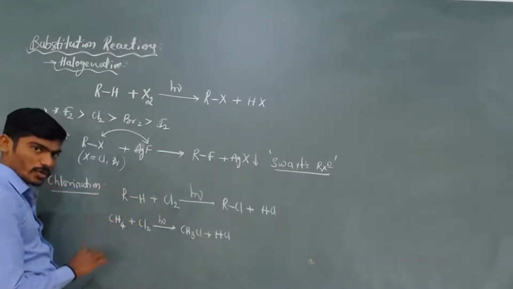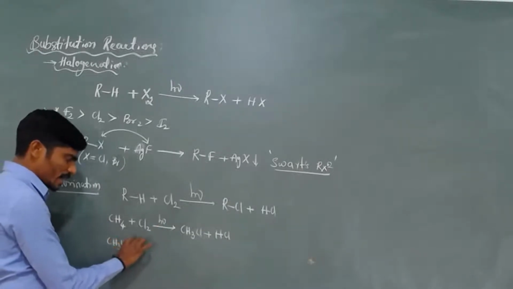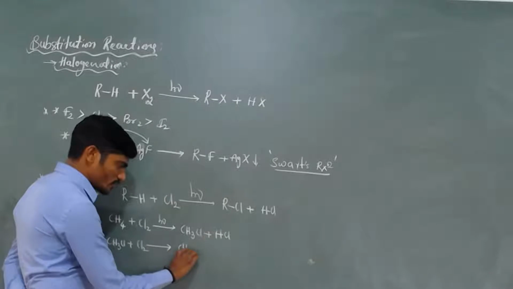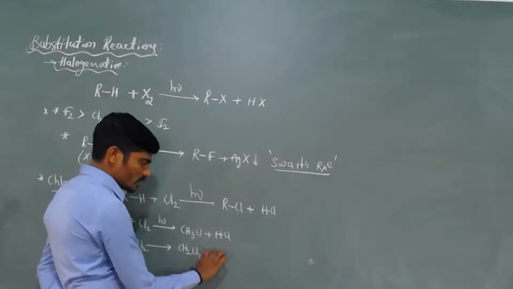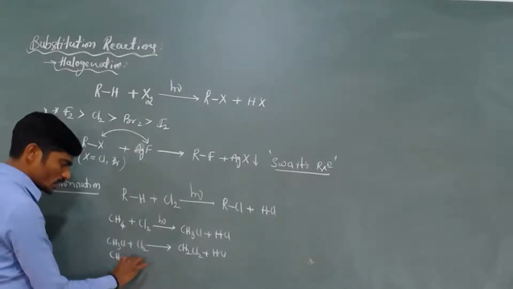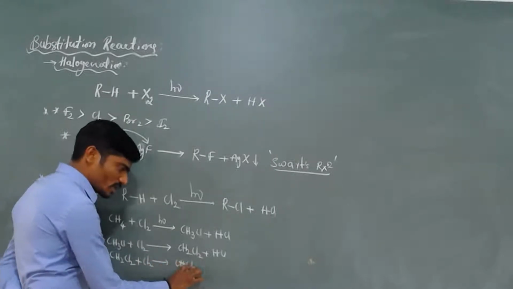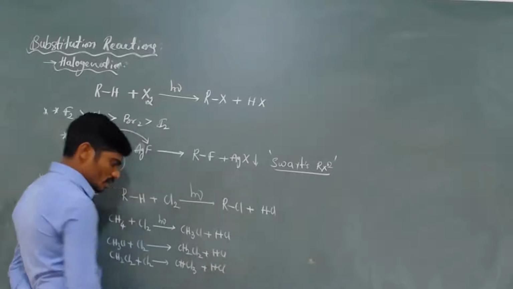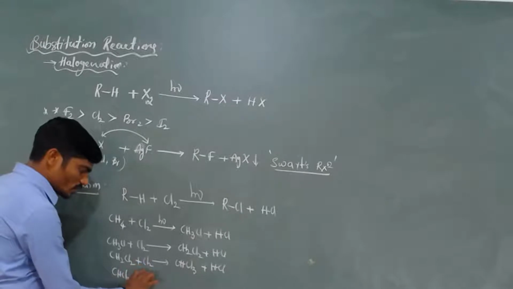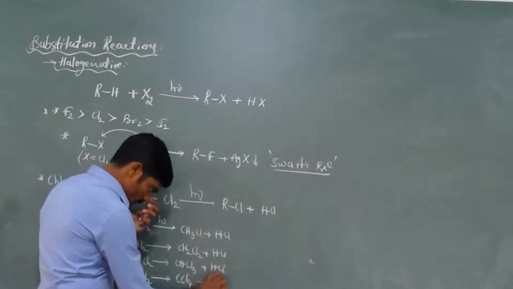If one more molecule of chlorine is used, what happens? This CH3Cl further reacts with one more Cl2 and gives CH2Cl2 plus HCl. If one more molecule of Cl2 is used, CH2Cl2 plus Cl2 gives CHCl3 plus HCl. CHCl3 in the presence of one more Cl2 gives CCl4 plus HCl.